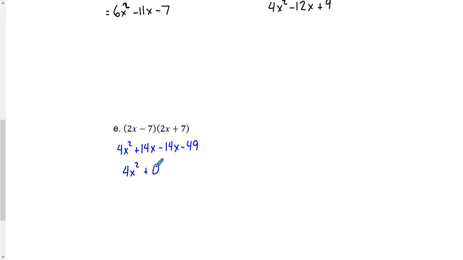It is technically still fine to write it as add 0x's, but it would be improper. It's not common practice to write a 0x, which means the simplified version would be a 4x squared, subtracting 49. And there we go.